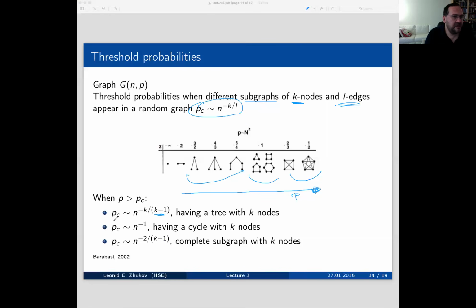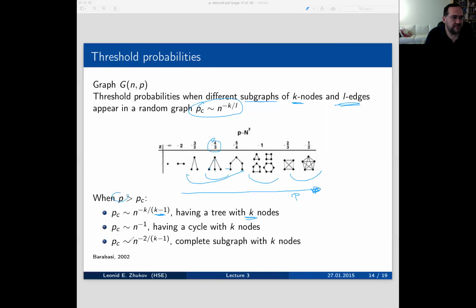So there is a critical value of the density when trees with K nodes start appearing. For example, if there is a tree with, say, 4 nodes, then the critical value will be n^-4/3. So it is right here. That's the critical value. So when p is greater than this value, we start seeing this type of tree in the graph.